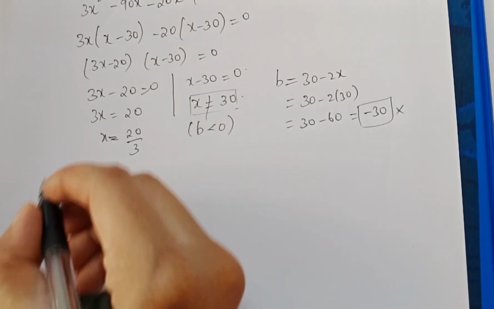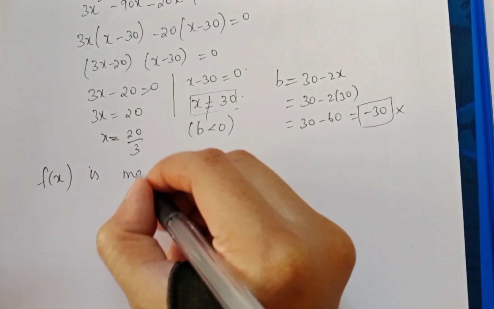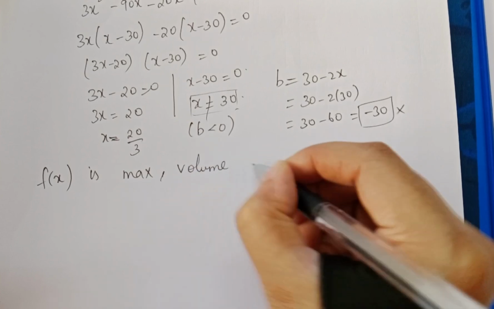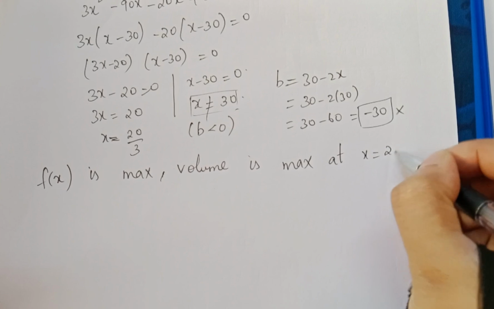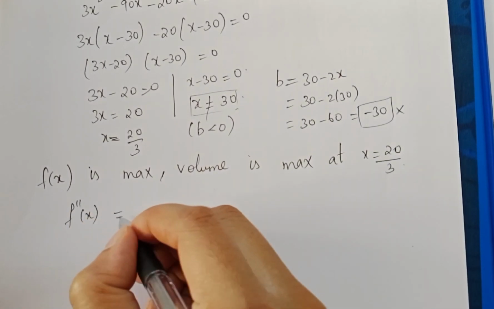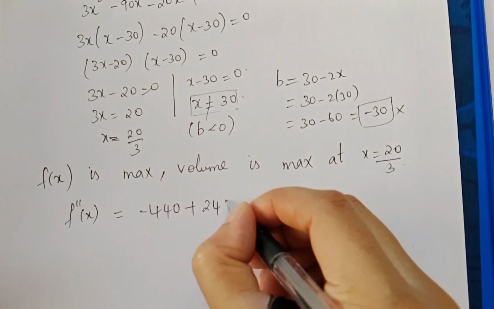Next, we have to find where f of x is maximum. So the volume is maximum at x equals 20 by 3. So f double dash of x is equal to, our function is minus 440 plus 24x.